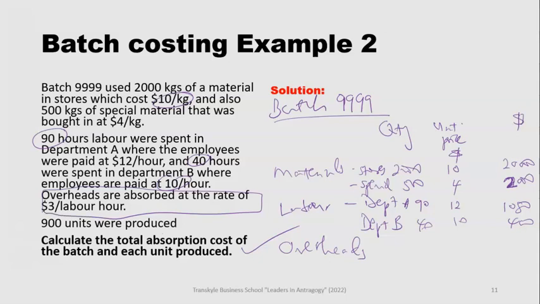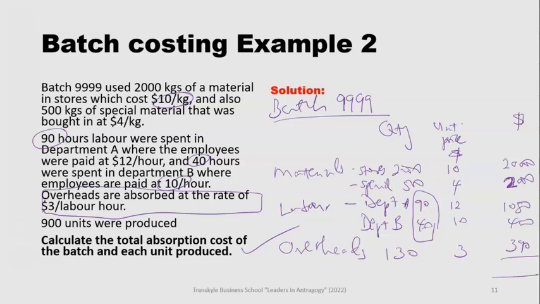So just to calculate the number of hours, we are going to use these two figures, 90 and 40. The 90 plus 40, that's 130. So 130 at $3 per hour, we get 390.